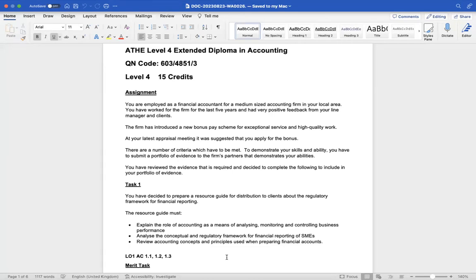In this assignment, we'll go through the process of creating a comprehensive resource guide that explains the regulatory framework for financial reporting.